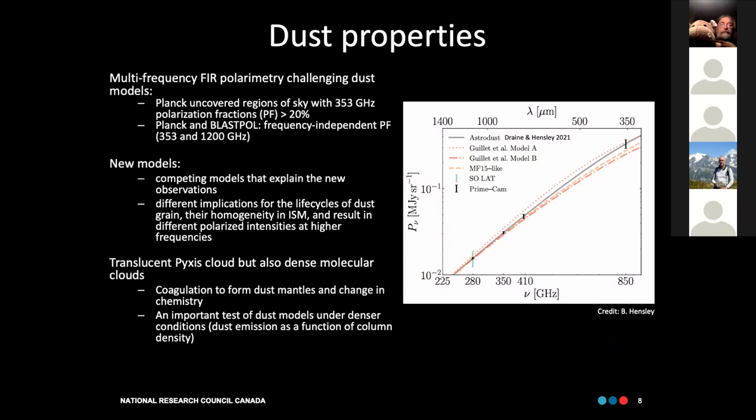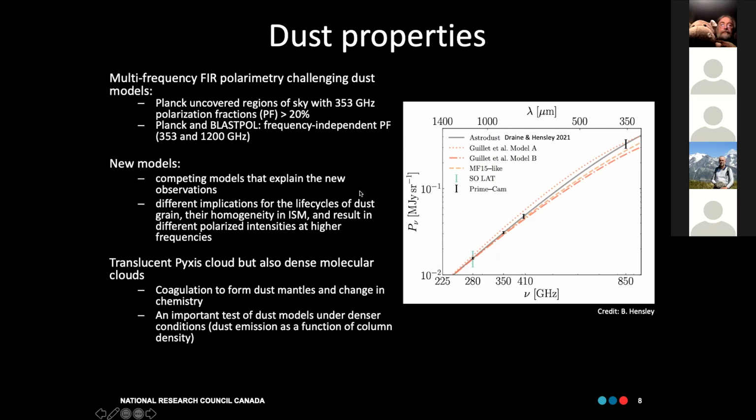For dust properties, we know that multi-frequency far infrared polarimetry observations in recent years have challenged our views of dust models. For example, Planck observed regions of the sky that at 353 gigahertz had significantly higher polarization than we expected from dust models.